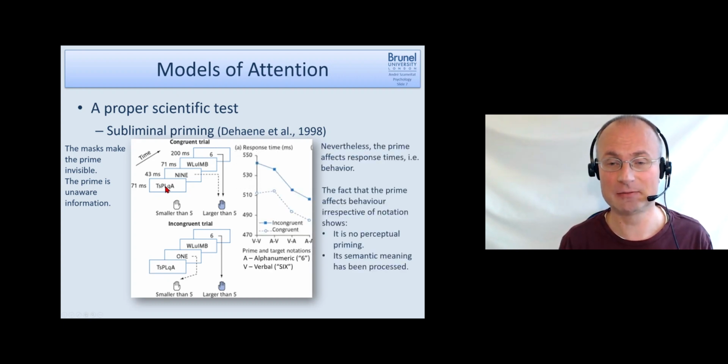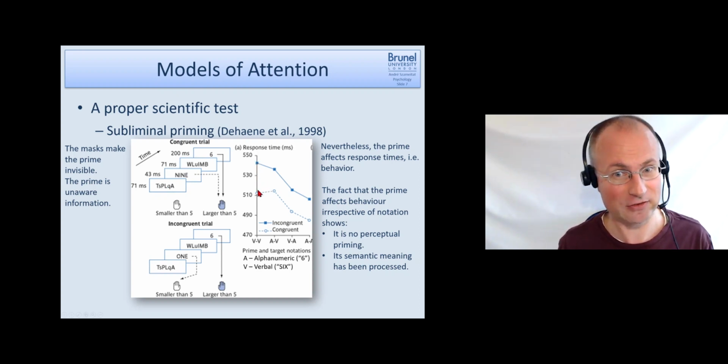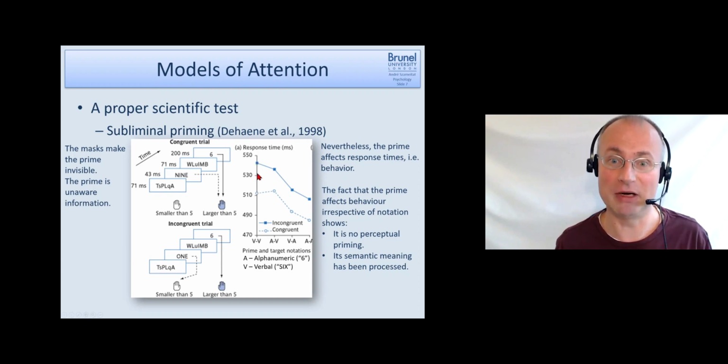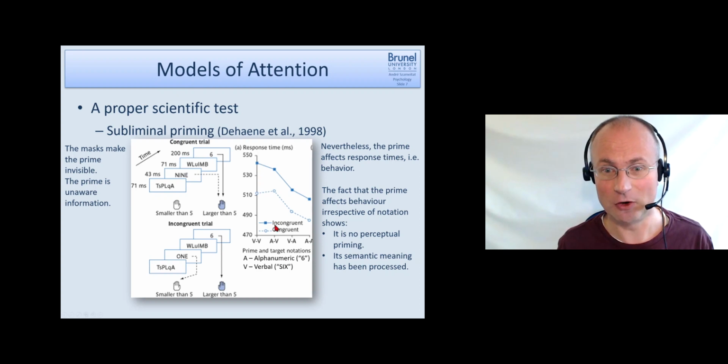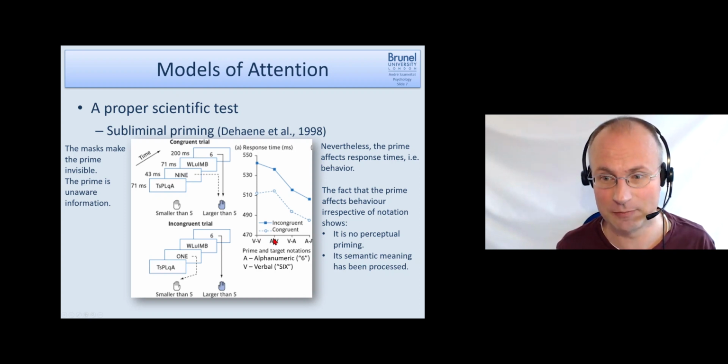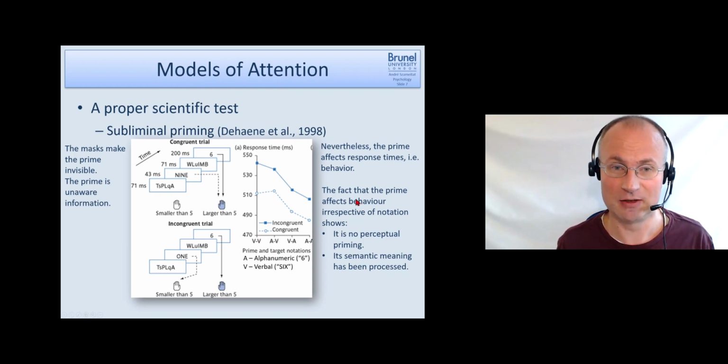And what did he find? He found a priming effect. It's not tremendously huge. It's around 20 to 30 milliseconds, but it's there. It's reliable. It can be replicated. And you see it also for the mixed notations, so if one is verbal and the other one is alphanumeric. So it can't be perceptual priming.